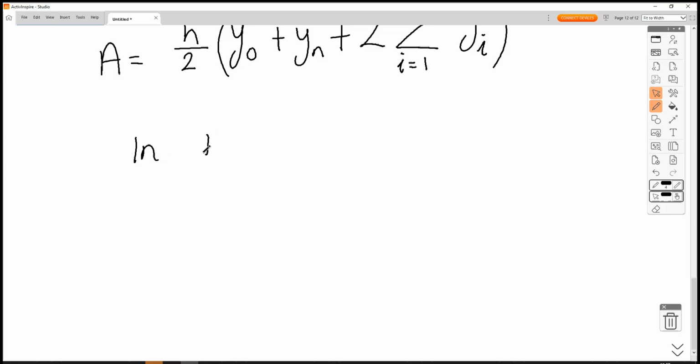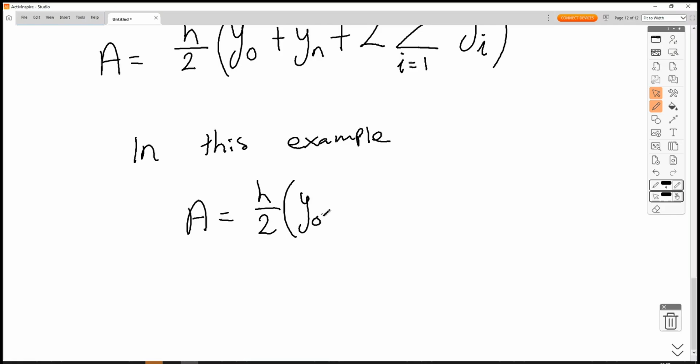So, in this example, A is equal to h over 2, y0 plus y4 plus 2 times y1 plus y2 plus y3.